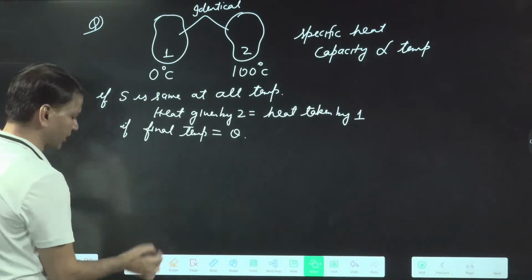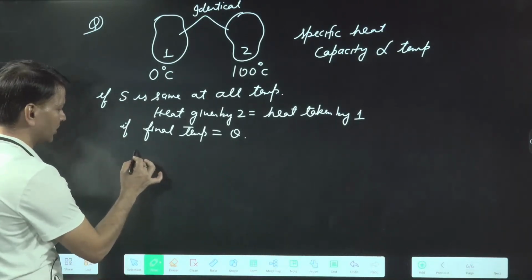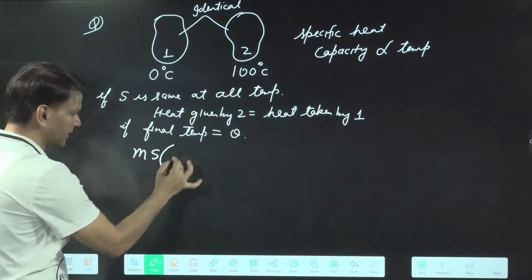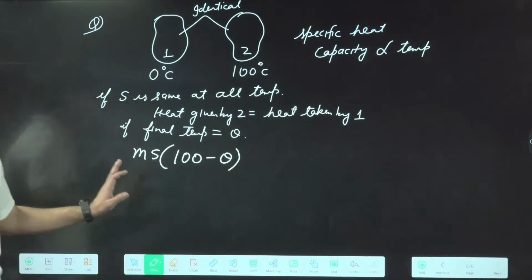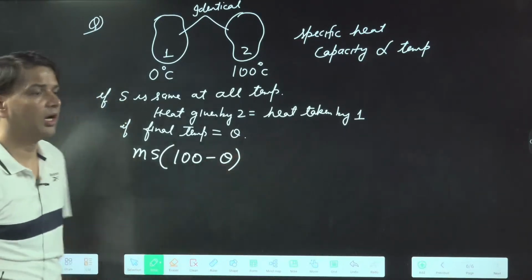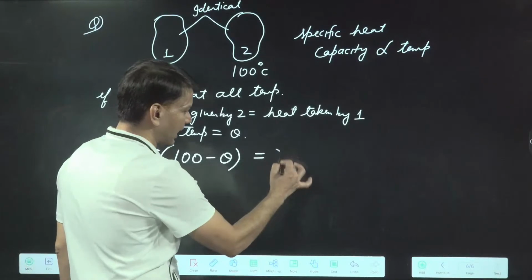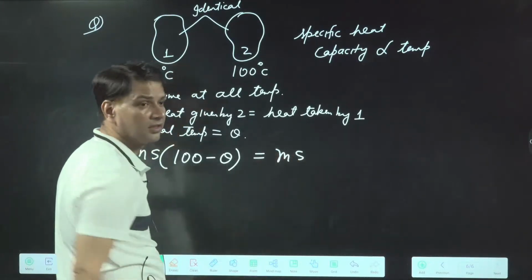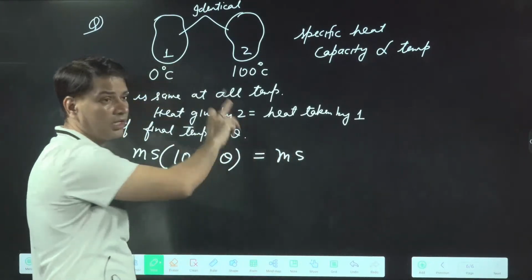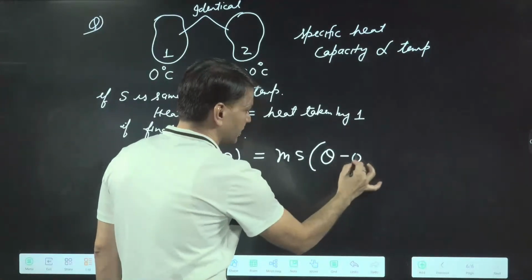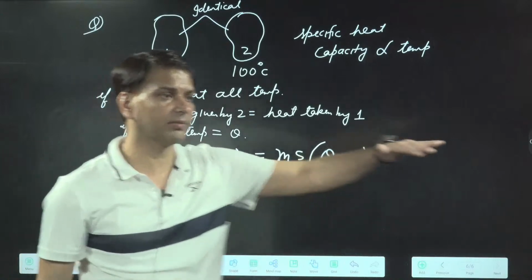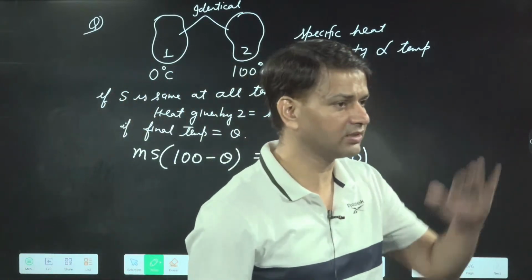So heat given by 2 is m s (100 minus theta). What is the heat taken by body 1? m s into, it is at 0 and now reached theta. So how much temperature change? Theta minus 0. Initially 0, final equilibrium temperature is theta. So the increase is theta.